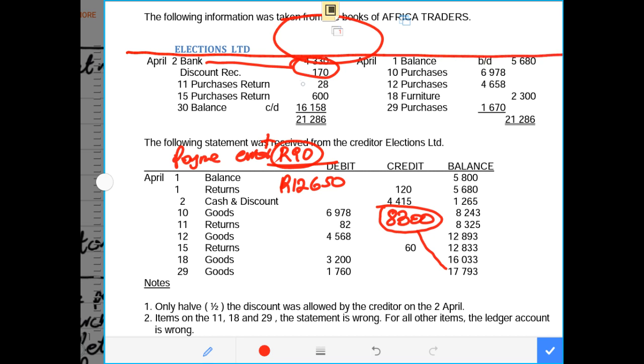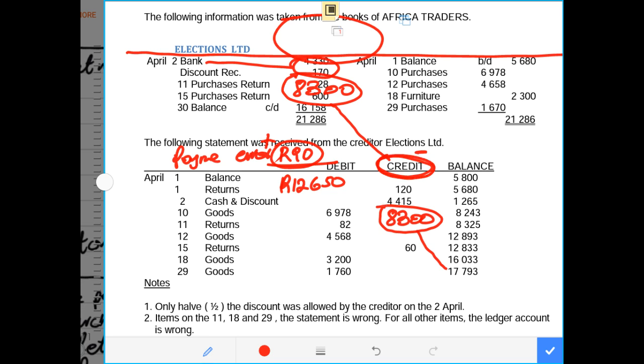This was going to be recorded as 8,300 on this side, which is cash plus discount. This reduces our liabilities. They should have recorded this on their credit side, reducing their debtors, because we are a debtor to them. When we pay, we reduce our liability on the debit side, and when they receive the payment, they reduce their debtors on their credit side because their debtors have paid.